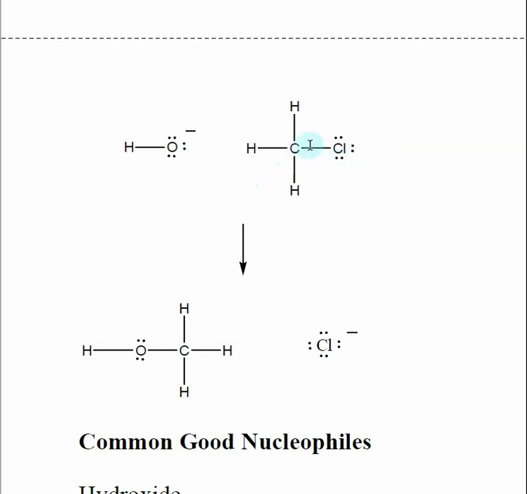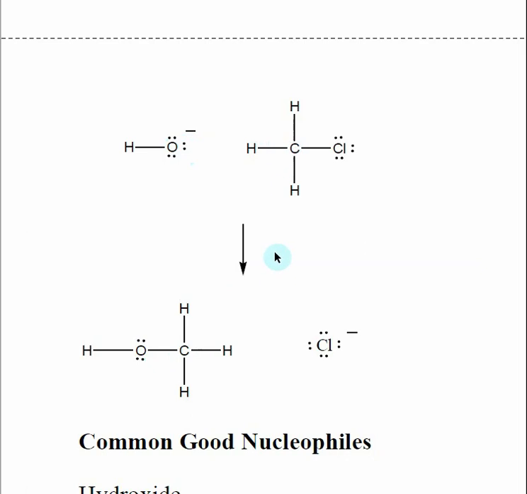So remember, the chlorine's pulling electrons away from the carbon. That gives the carbon a partial positive charge. That's why this hydroxide, with its lone pair electrons and a negative charge, wants to attack here. Overall what we end up doing, and we'll look at the mechanisms of these in just a second, is connecting a bond between the nucleophile and the electrophilic carbon.